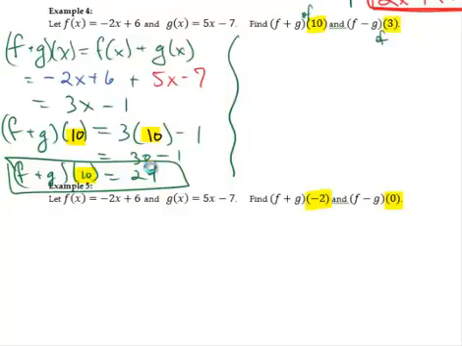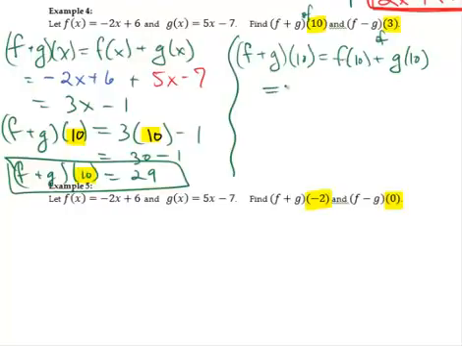Now some of you may be asking, Ms. Hanson, isn't there another way I could do this same problem? Couldn't I write f plus g of 10 and start with f of 10 plus g of 10 and just start right away with my 10s? Absolutely you could. So remember, your f function is -2x plus 6 and your g function is 5x minus 7.